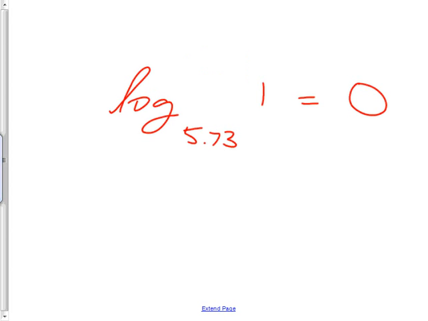Okay, here's another one that you should have in your back pocket: log base 5.73 of 1 would equal, I guarantee you, 0. I'm trying to make the point that this base could be any number. I don't care what that is. If this is a 1, then the answer is guaranteed to be 0. Why?